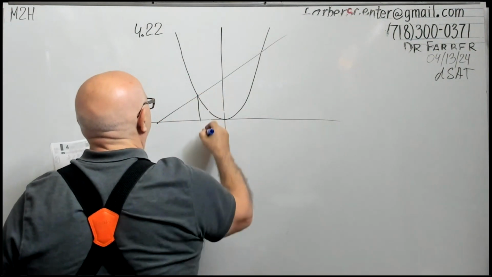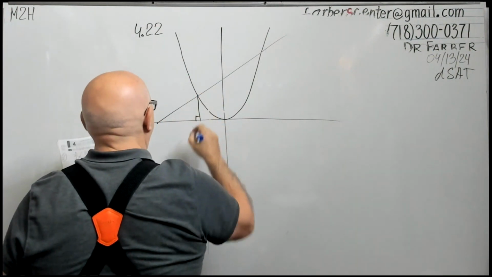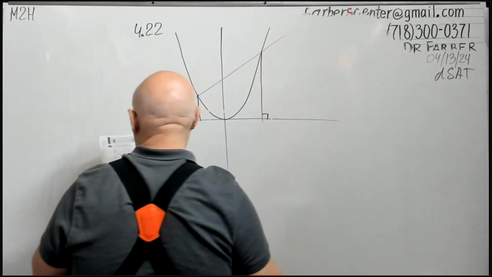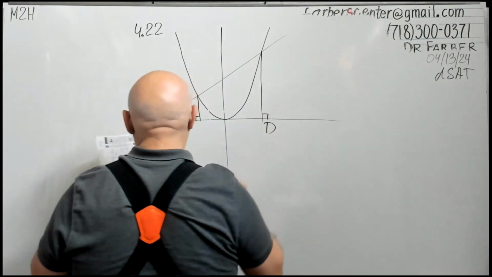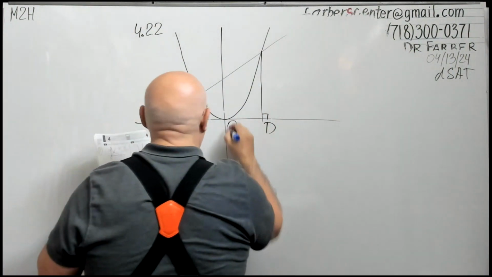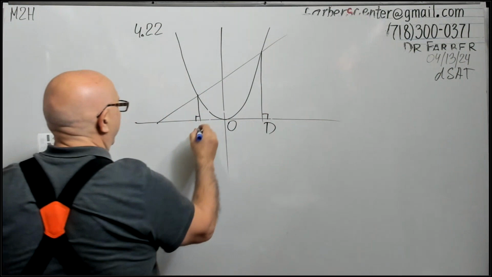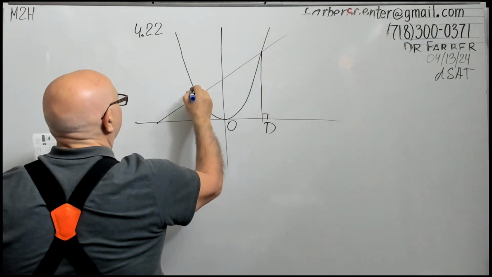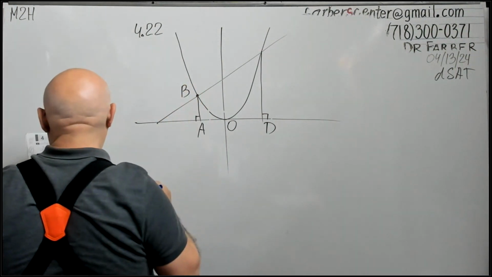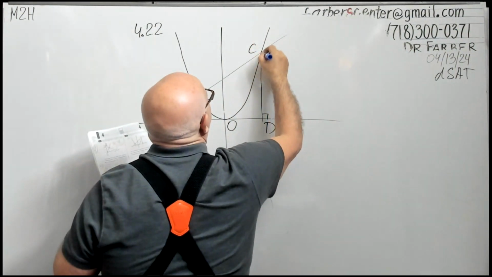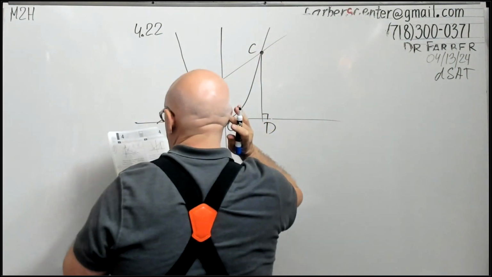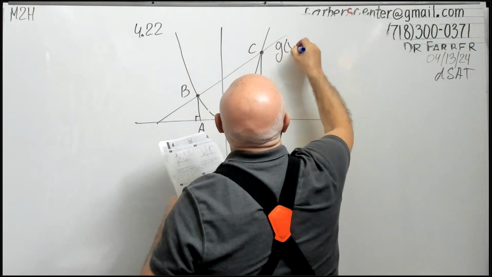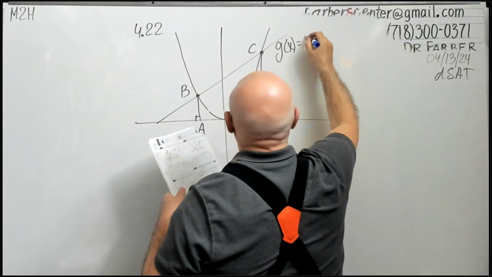This point of intersection is this one, and this perpendicular to this line is this one, and they denoted this D, O, A, B, C. And this line G of X equals X plus 2.